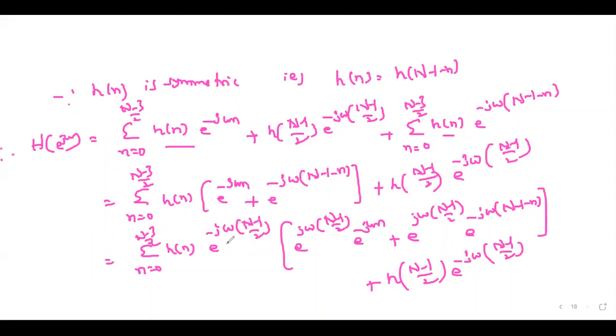Now this is a constant, you can take it out of the summation, and inside these two terms you can take e power minus j omega of (N minus 1) by 2 common.